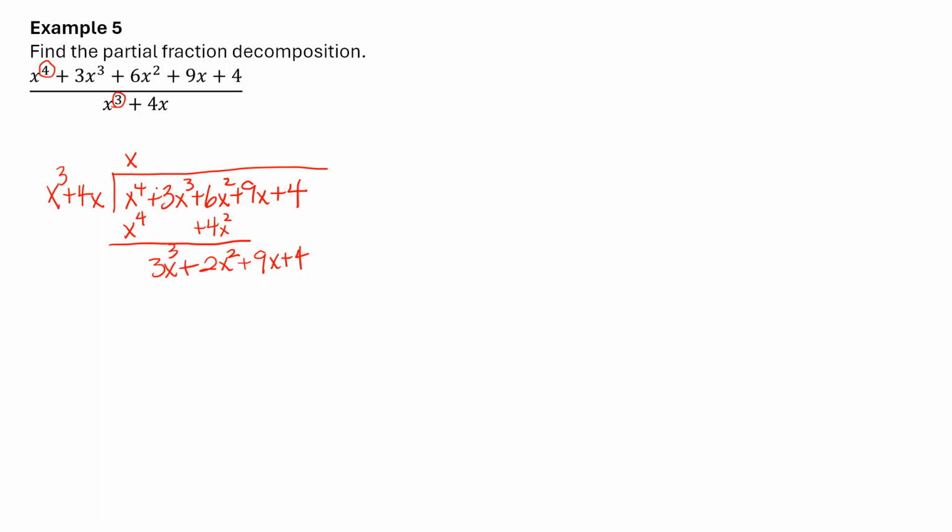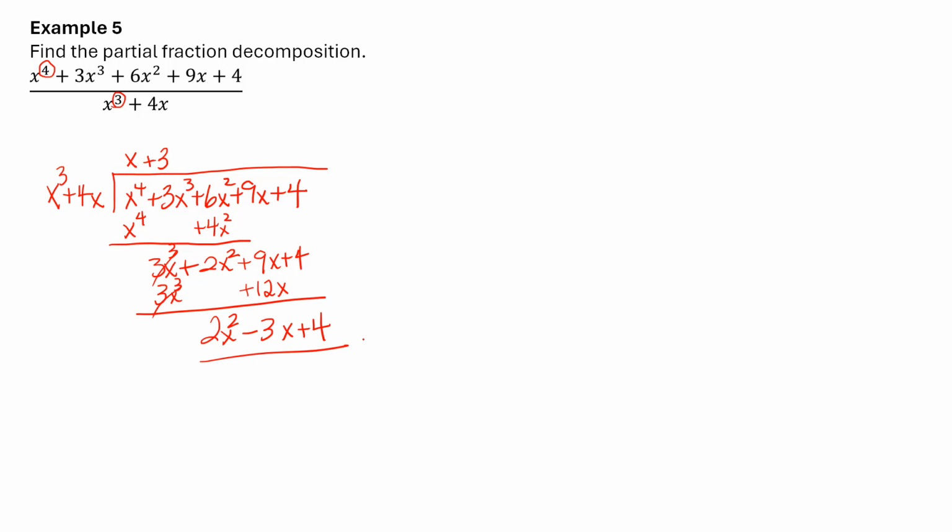All right. Divide again, x cubed into 3x cubed would be 3 times. So 3x cubed, 3 times 4x is 12x. Subtract, these go away, and you have 2x squared minus 3x plus 4.